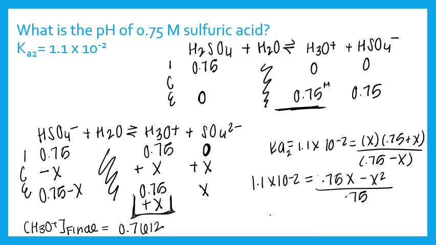And we get pH equals negative log of our H plus, which is 0.7612, and then we solve. We get the pH to be 0.119.